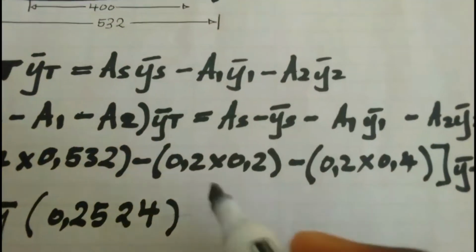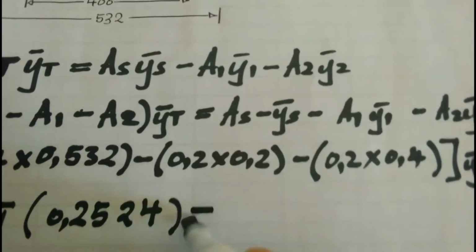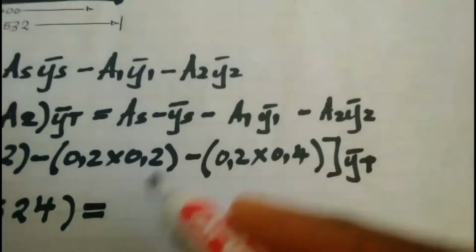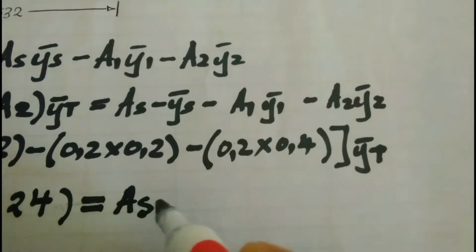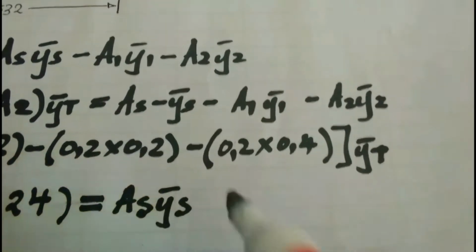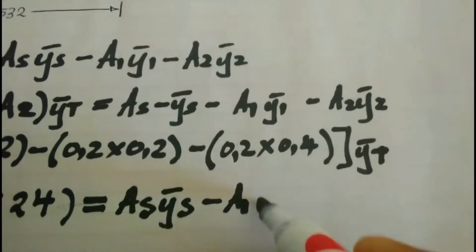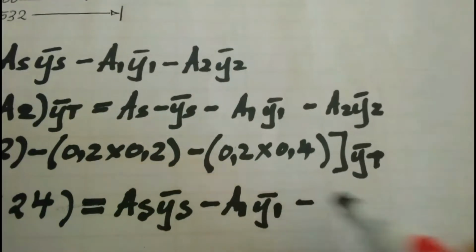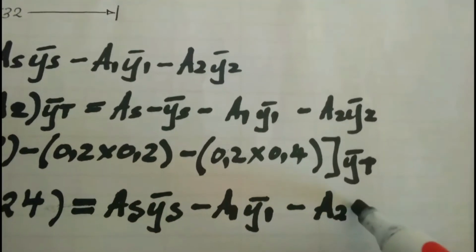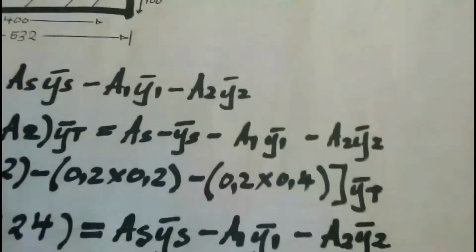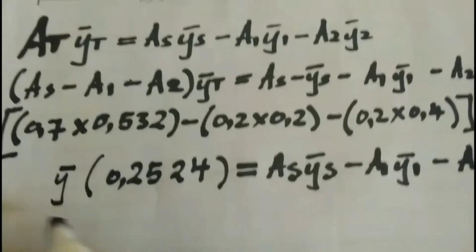And now we're going to equate it with this part. So it's equal to AS Y bar S, and A1 Y bar 1, and A2 Y bar 2, right? We keep on moving now.